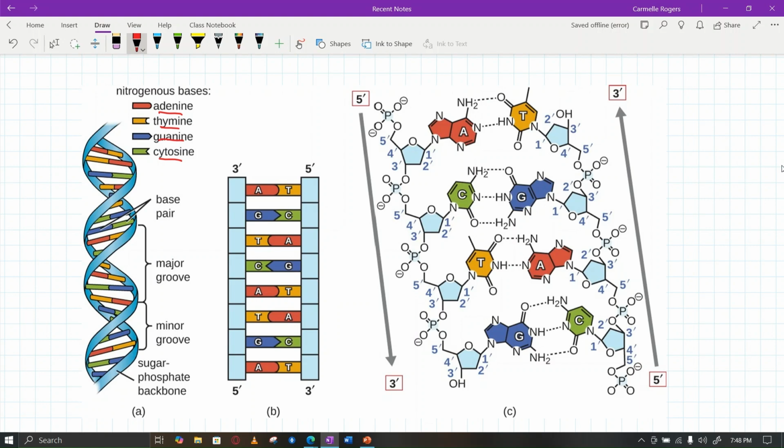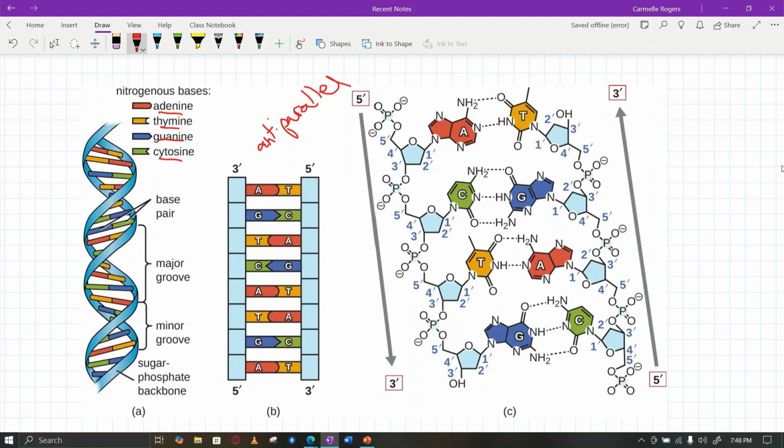Here it goes over the 3' and 5' nature of the strands, and this is called anti-parallel. If we look at part C, it's also showing 5' on the left at the top, and it has an arrow that goes to 3'.